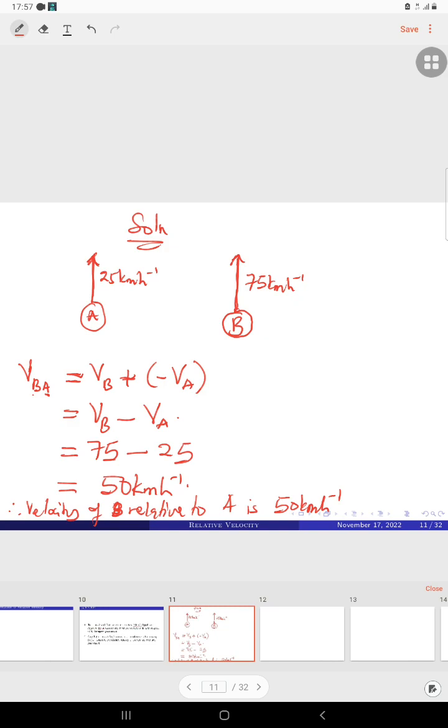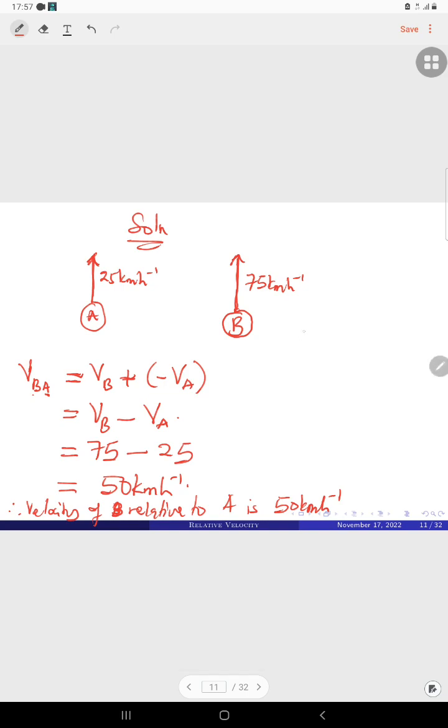So how do we interpret this? Let's check the original values. The meaning is how an observer in car A sees car B moving.